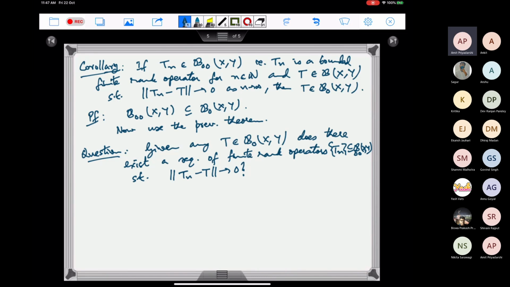Let me just say that in general this is not true for Banach spaces.